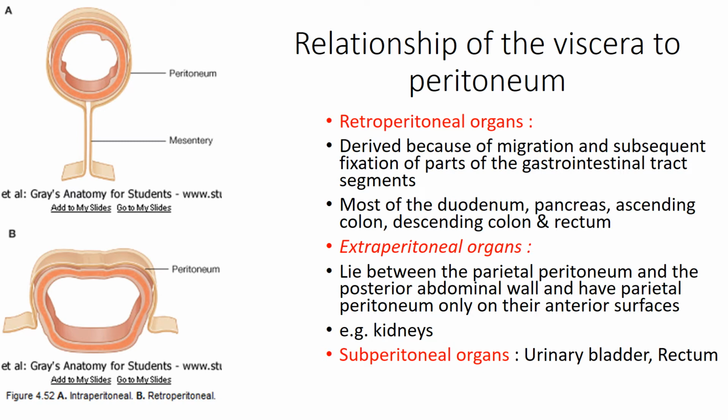There is also a fourth subtype, known as infraperitoneal or subperitoneal organs, because, as we know, the peritoneum sweeps just before the end of the pelvis. So the terminal portion of the rectum or the bladder lie beneath the peritoneum, and that forms the infraperitoneal or subperitoneal part.